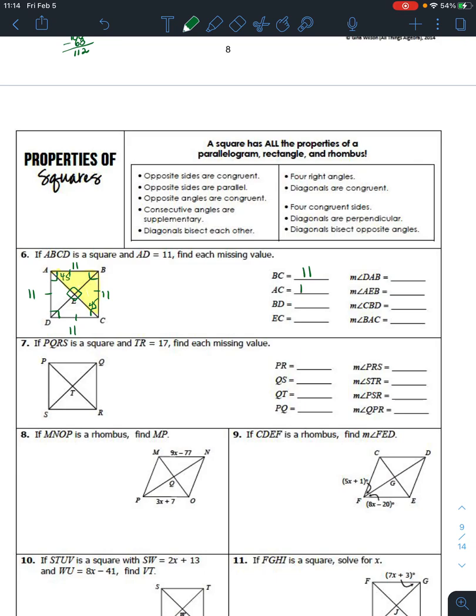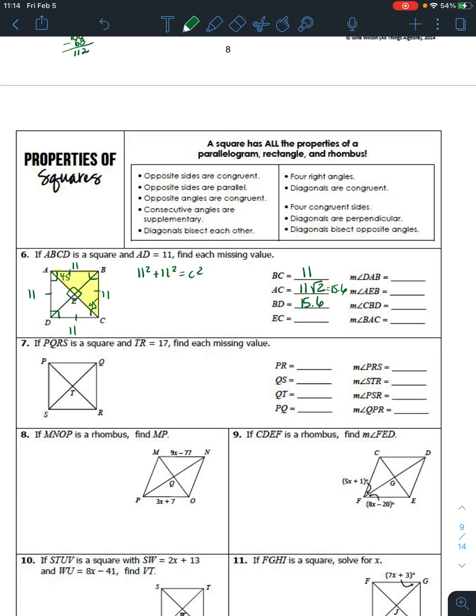That means it's 11, 11, 11 root 2. Now, you could also do the Pythagorean theorem: 11 squared plus 11 squared is equal to c squared, and you could get a decimal answer on that too, which would be 15.6. So either one would work.